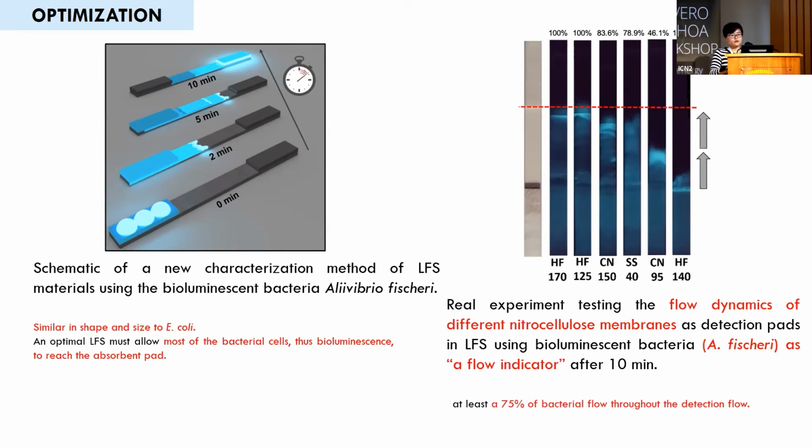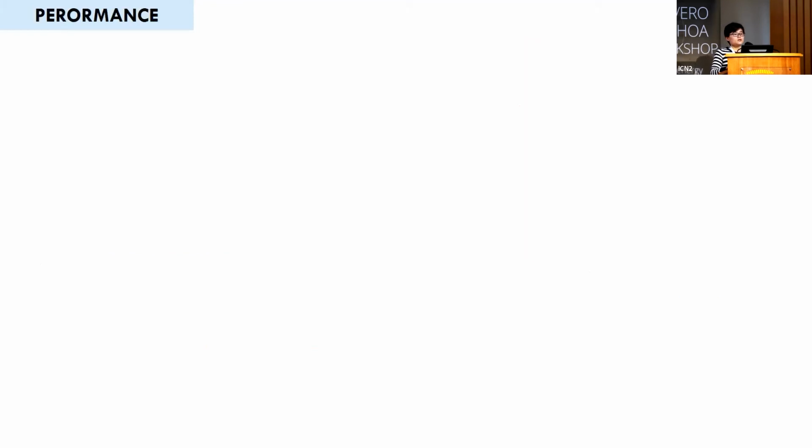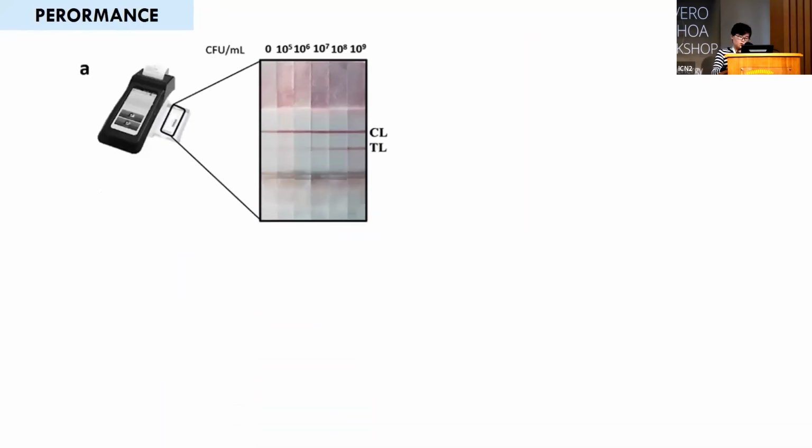So in the next step, we can directly discard the C95 and the HF114. And under the optimal parameters, we make the lateral flow strips.